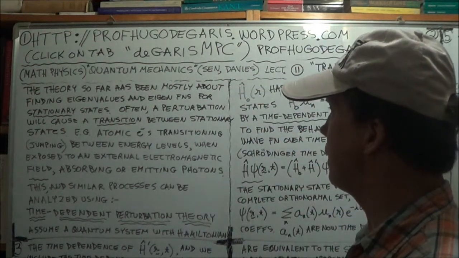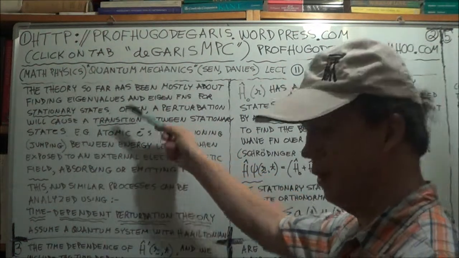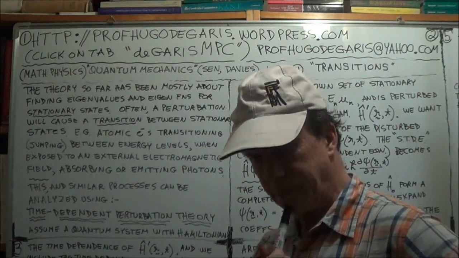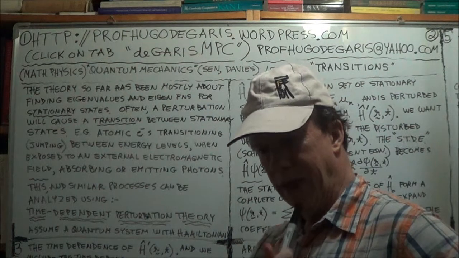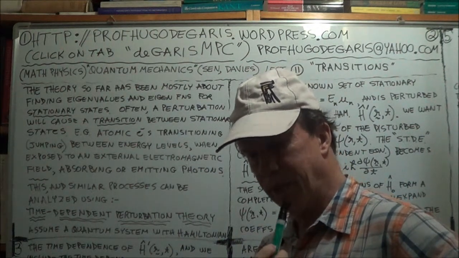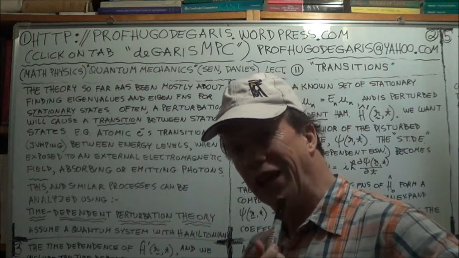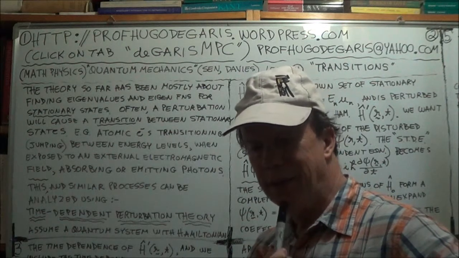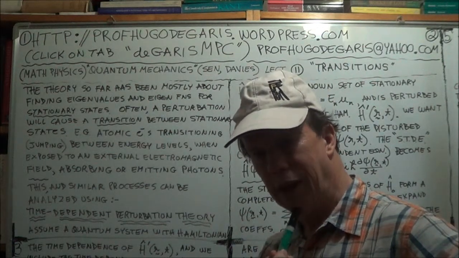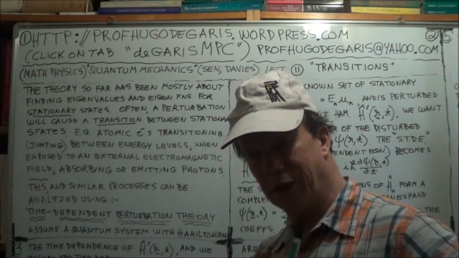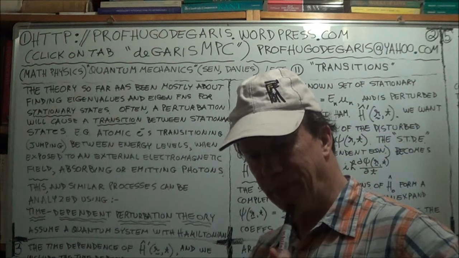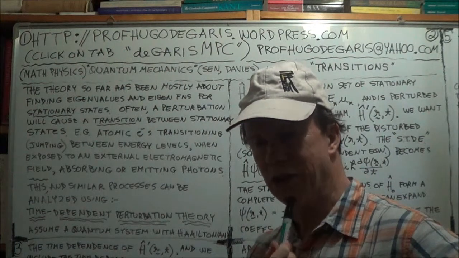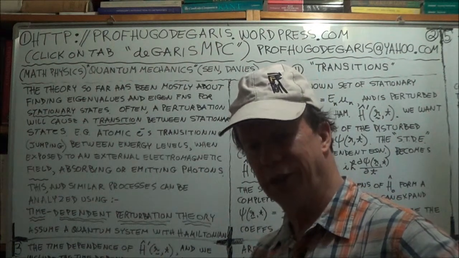So, an example of a transition of a state to another state. Say you have an atom that's being pumped full of electromagnetic energy. And let's say the photons corresponding to this electromagnetic energy collide, using classical images, with an electron in the atom, and bump it up, giving it extra energy.